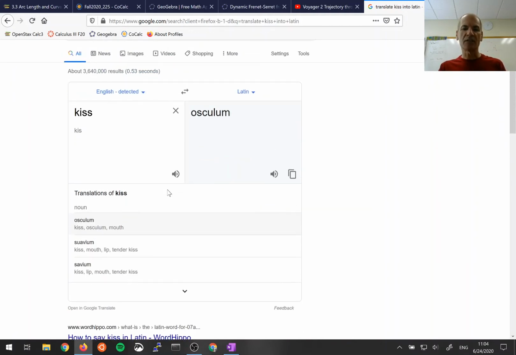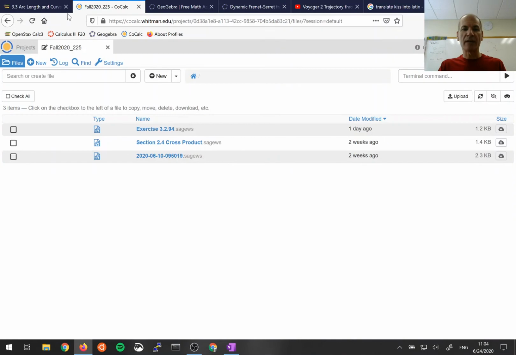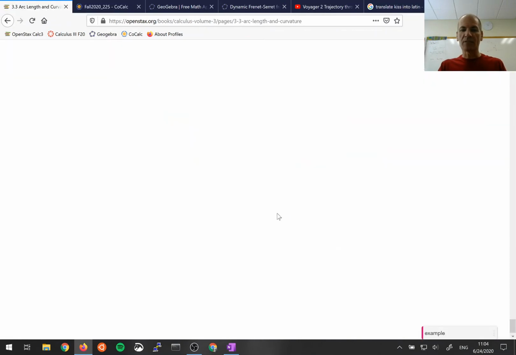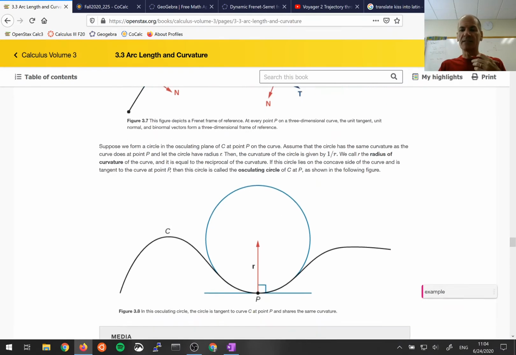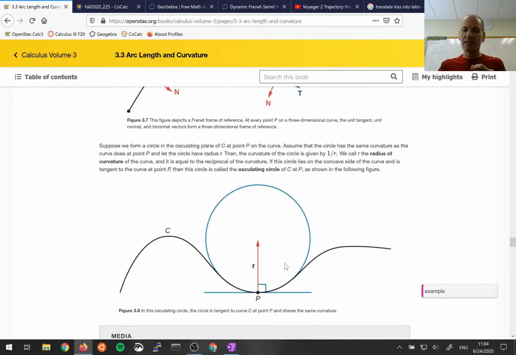So a kiss in Latin is an osculum. You can see this root is exactly the same root that we have in both osculating circle and osculating plane, because the osculating circle kisses the curve at the point P, and similarly the osculating plane kisses. It's another word for tangent, really.